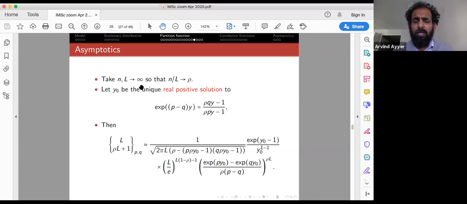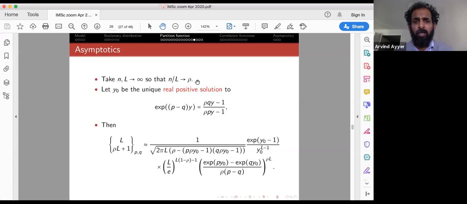So for that limit, I'll give you the asymptotic formula. So suppose y naught is the unique real positive solution to this equation: e to the (p minus q)y equals rho qy minus 1 by rho py minus 1. Notice that y equals 0 is a solution, if you take the appropriate limit on the right-hand side. But we're not interested in that. There is a strictly positive solution, and that's unique. So that's the thing that we're going to call y naught.